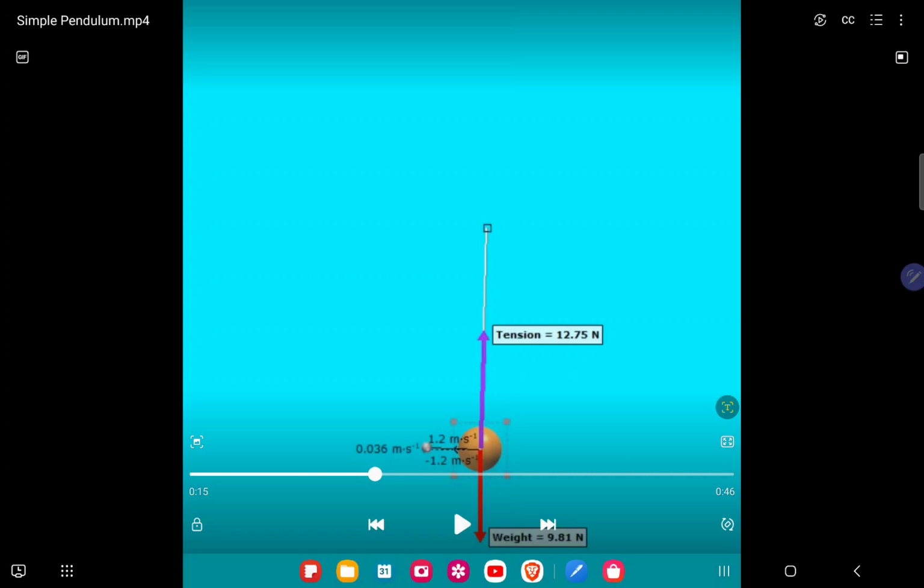Now let's have quick calculations. Sum of all forces on y equal to mv square over r. R here is actually the length of the string. Now we have tension this way, and mg directed downward. So tension minus mg equal to mv square over r.